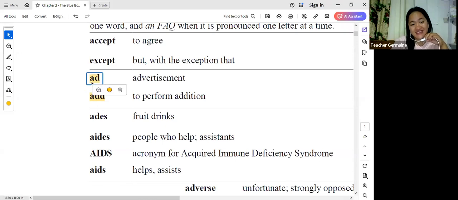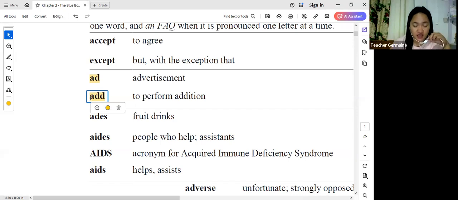When we say ad, A, D, it means advertisement. Ads are the advertisements that we can see on television, that we can hear on radio promoting certain products. While when we say add, A, D, D, it means to perform addition. For example, teacher will say, Aaron, please add 2 plus 2.